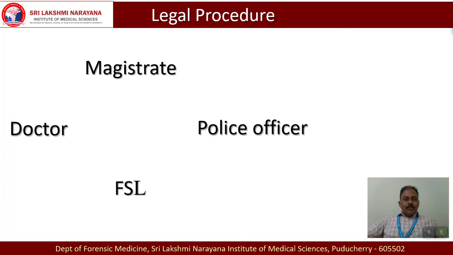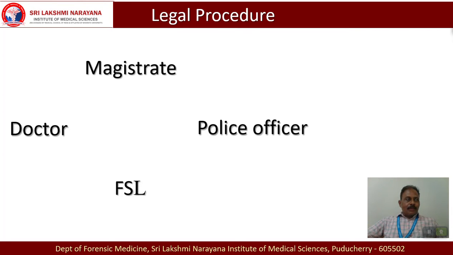Next, you will find the list of glossary. Warrant: a warrant is a document issued by the court based on which the police officer can arrest a person. Again, a glossary word is cognizable offense. Cognizable offenses are the offenses for which a police officer can arrest the guilty or suspect without a warrant.